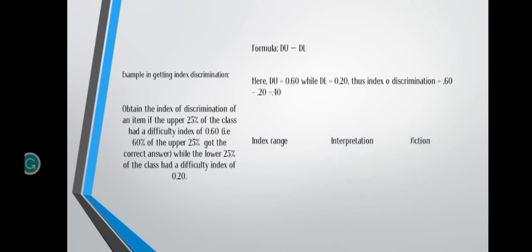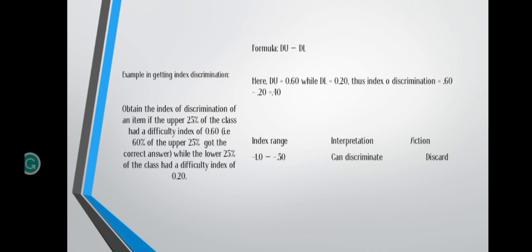So we have index range, interpretation, and action. Parang ganon din sa kanina. Pero eto, magkakaroon tayo ng judgment. Kapag ang mga estudyante ay nakakuha lang sila ng negative 1.0 to negative 0.50, yun lang yung nakakuha ng correct answer, ibig sabihin can discriminate, but the item is questionable.